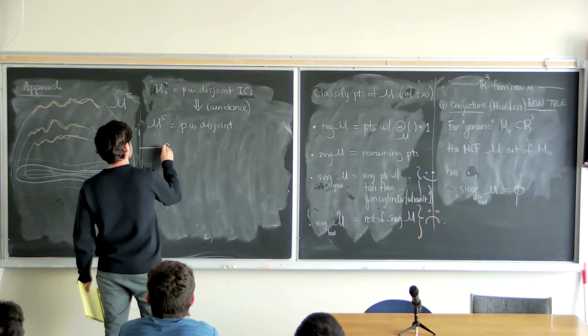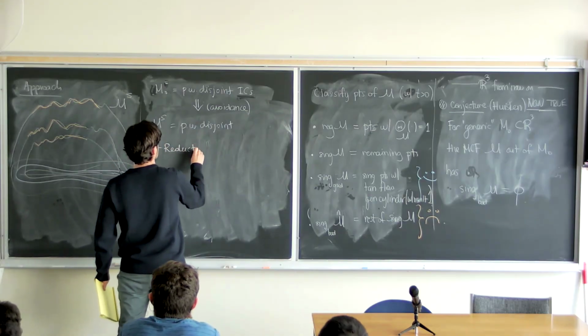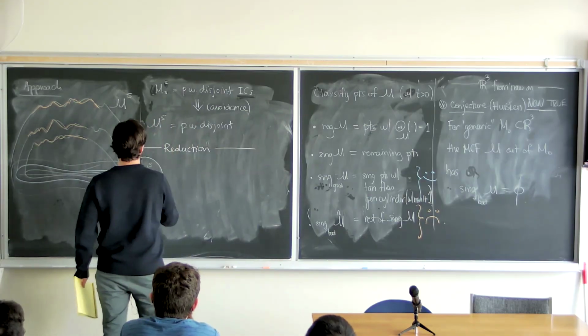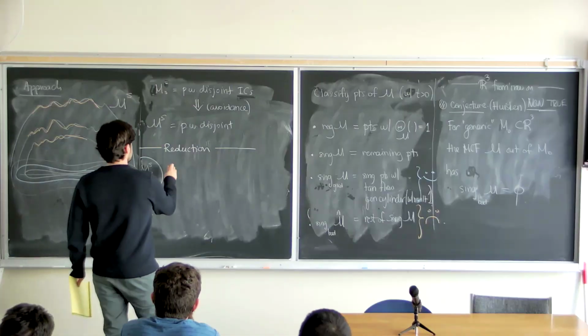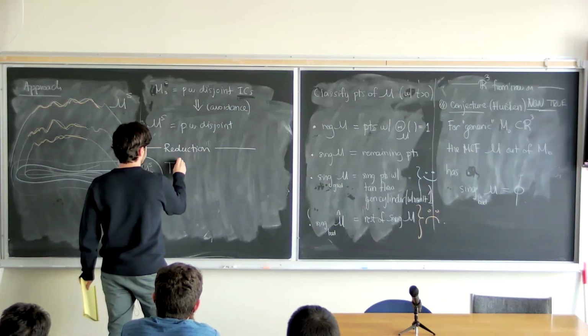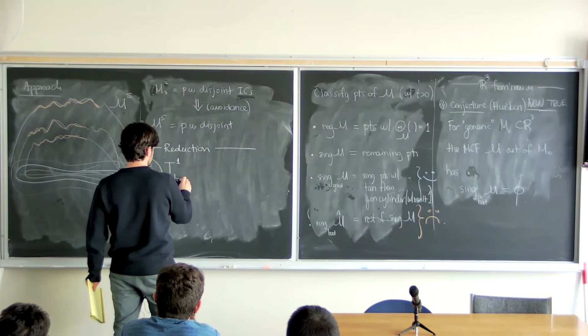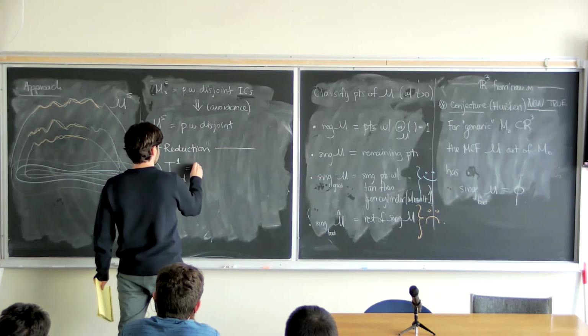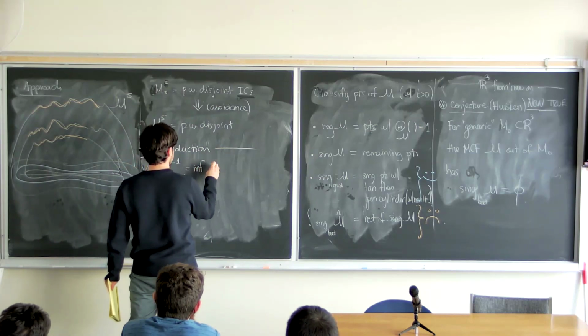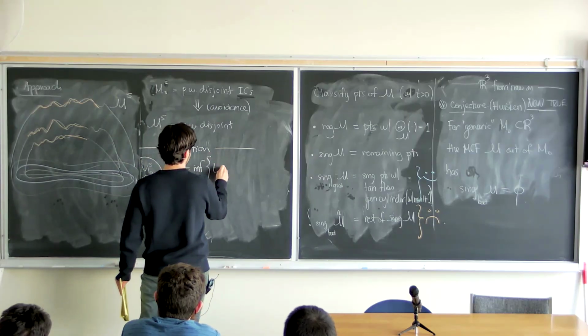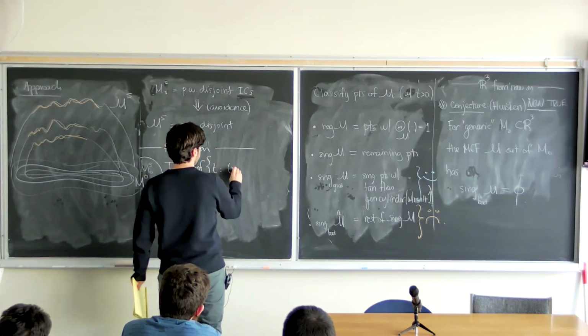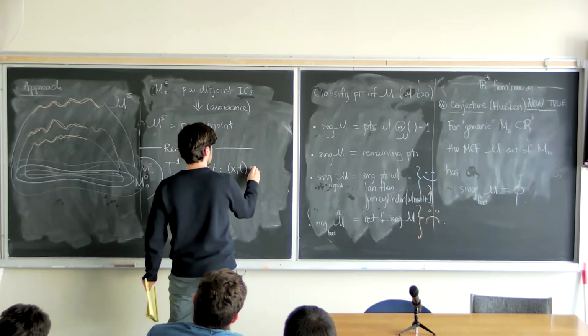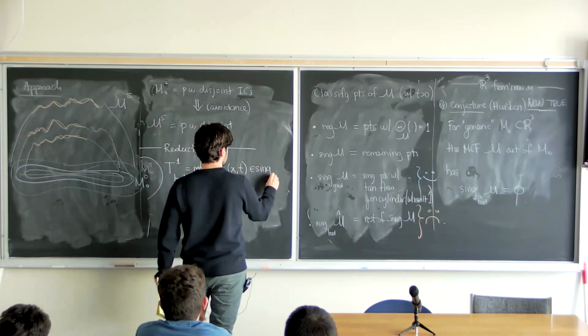So here's our reduction. Let's define what I call the first bad time. Formally, I define it as the inf of all the times t where there is a point (x,t) in the bad singular set.